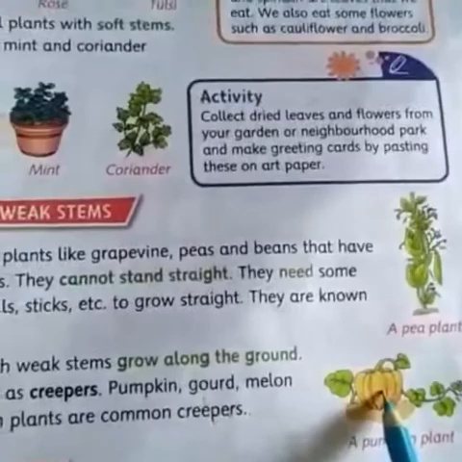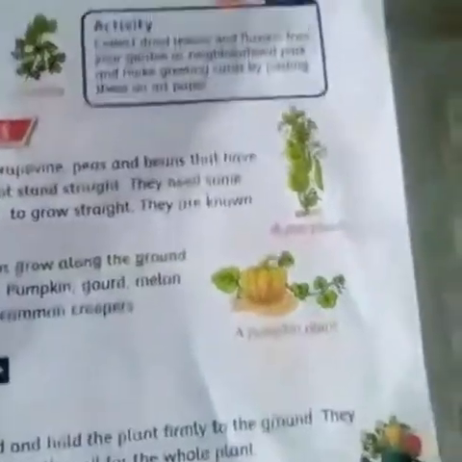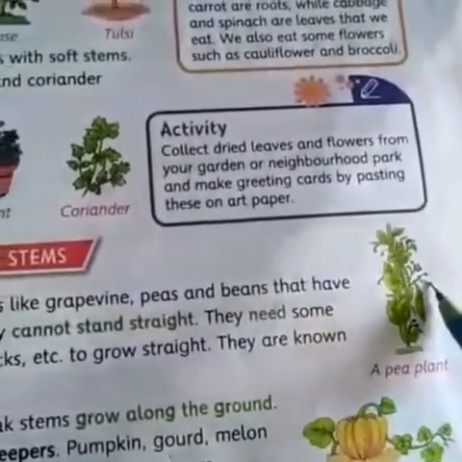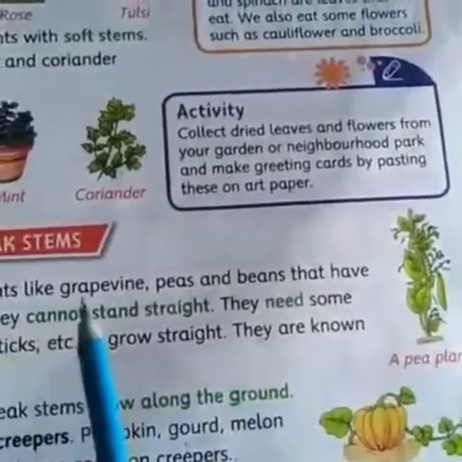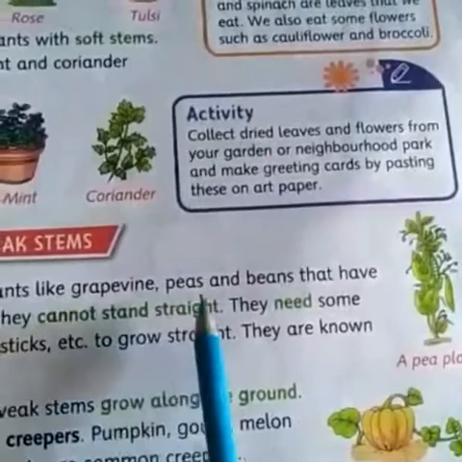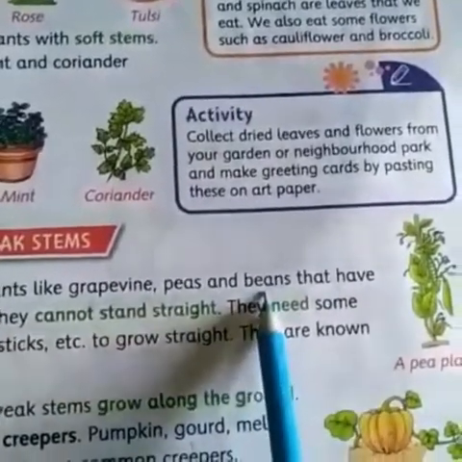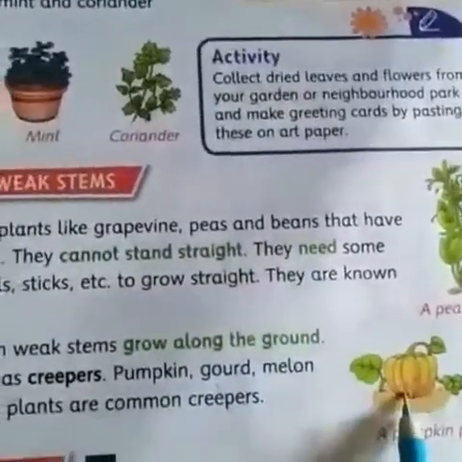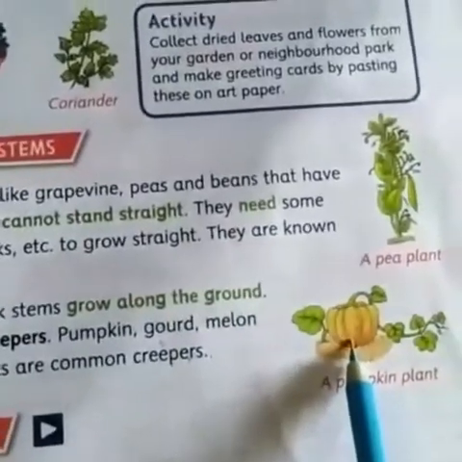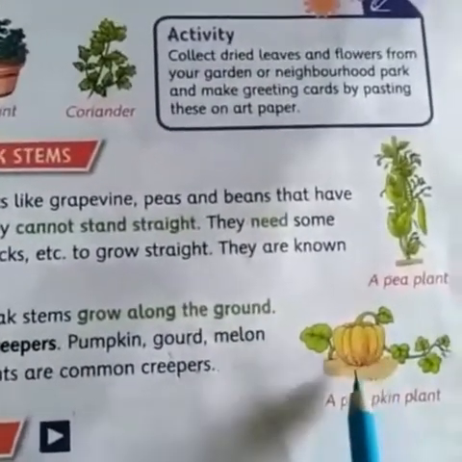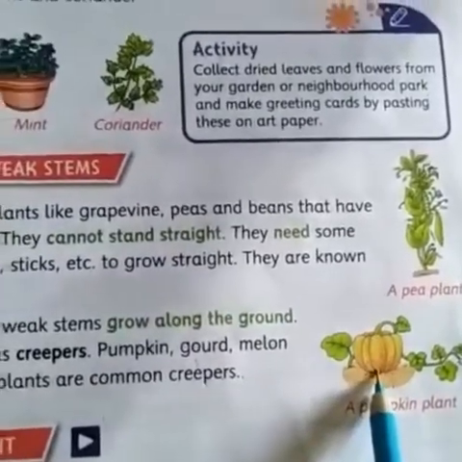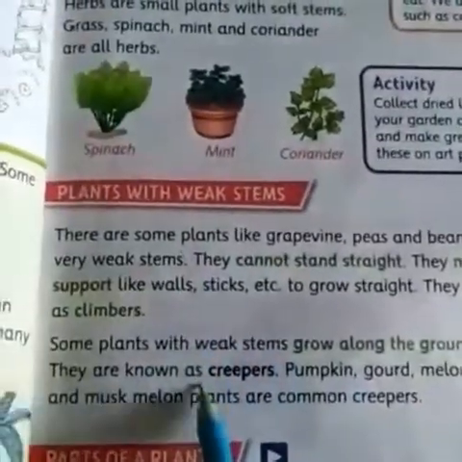They are heavier than these climbers, than grapes or peas or beans. So the creepers bear fruits or vegetables that are heavier in weight. So the difference is clear to you?